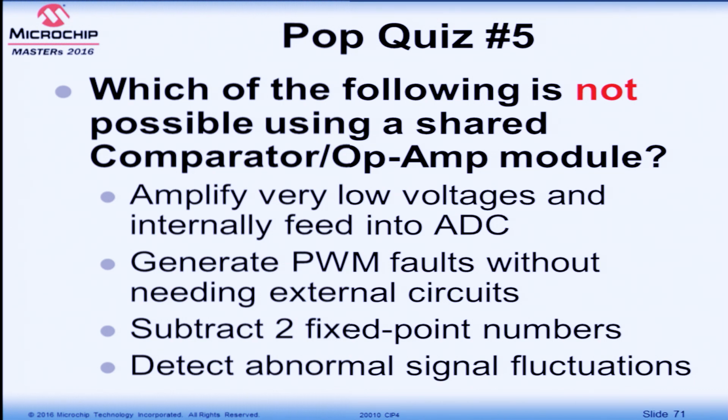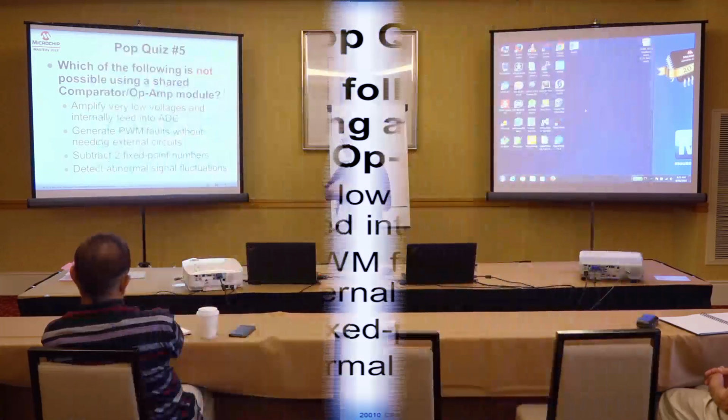Internally you can read the voltages using comparators, and then directly route it to the PWM fault input. Subtracting 2 fixed point numbers, or detecting abnormal signal fluctuations, basically signal limit checking.